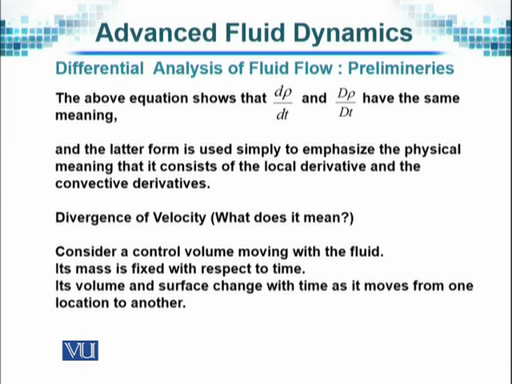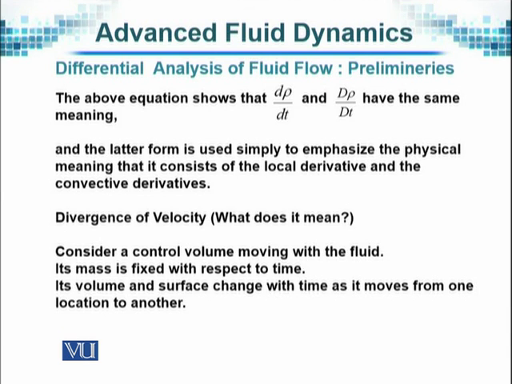The above equations show that small d rho by dt and capital D rho by Dt, that is the material derivative and the total derivative, have the same meaning and are equivalent.